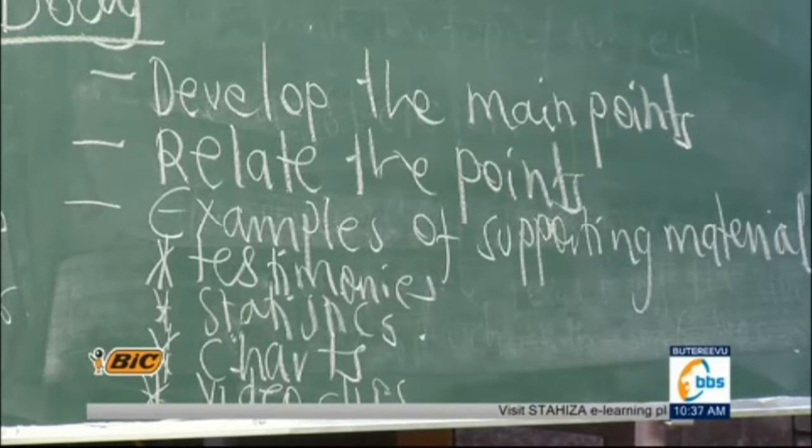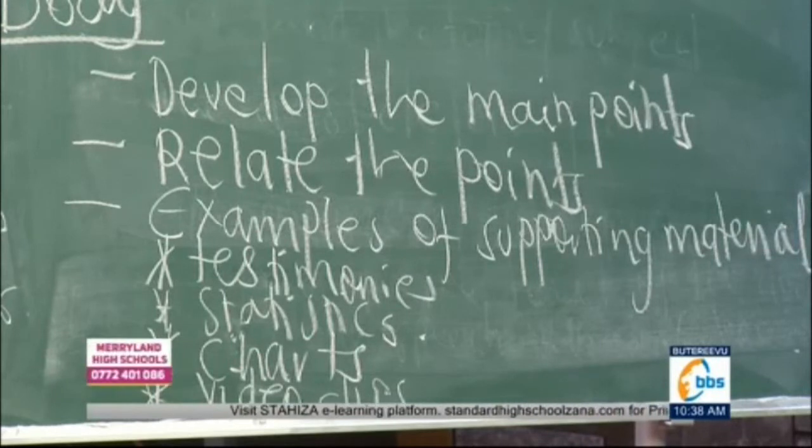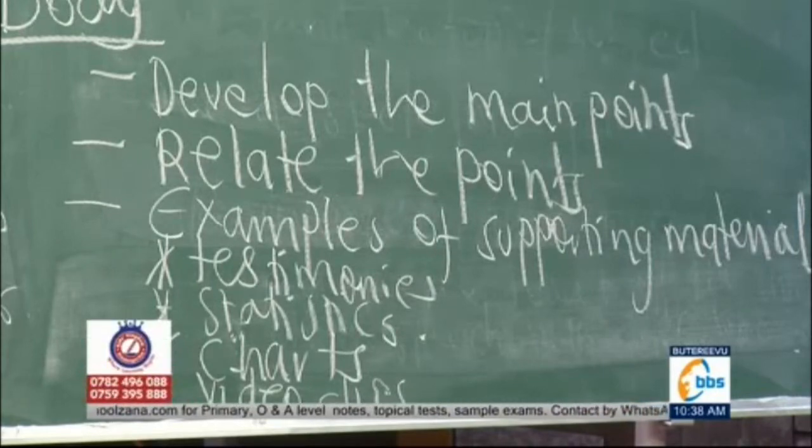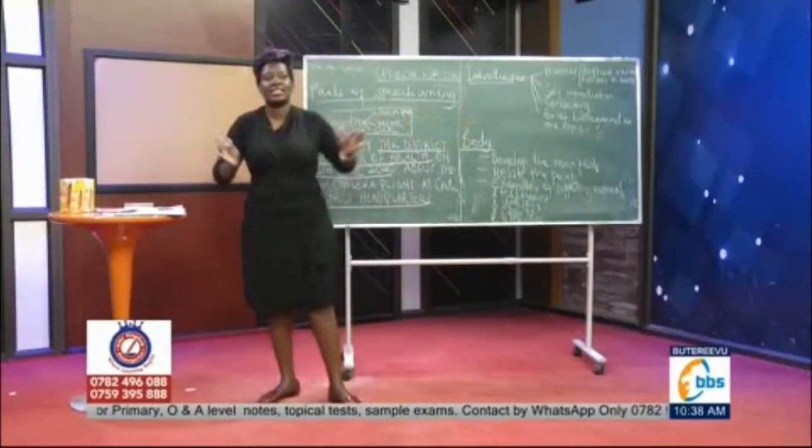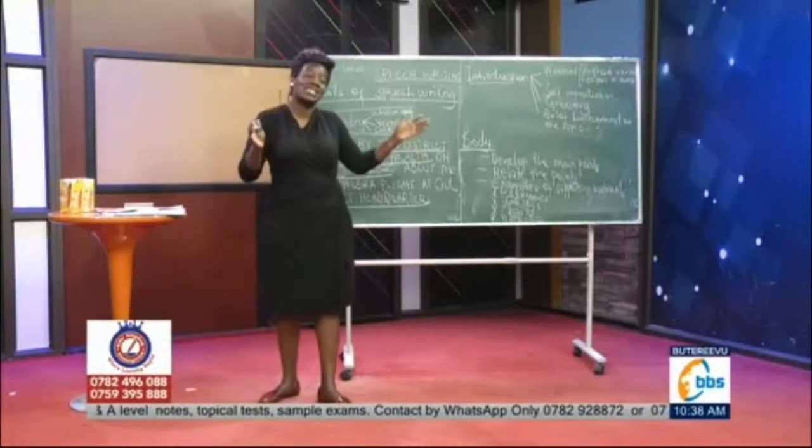If you are giving a speech talking to the community about child trafficking, and some of these people may not believe that children are sincerely trafficked, you could come up with a video, maybe you have researched, and then you show the audience that this is what I mean, this is what is happening.